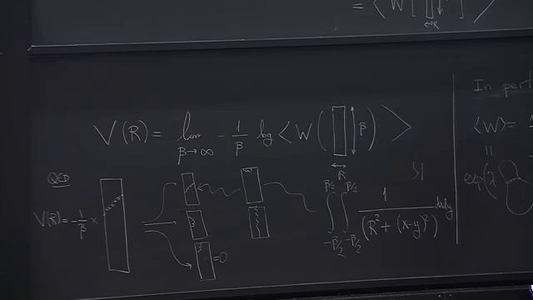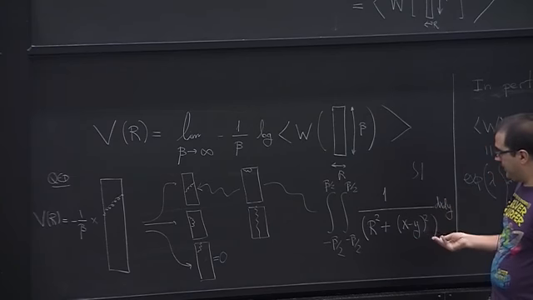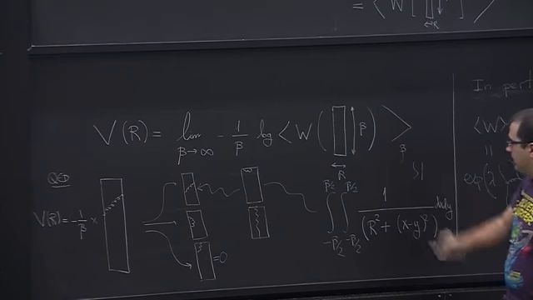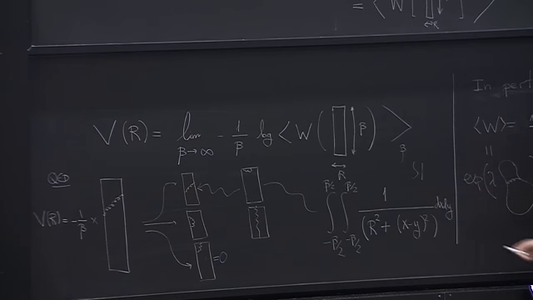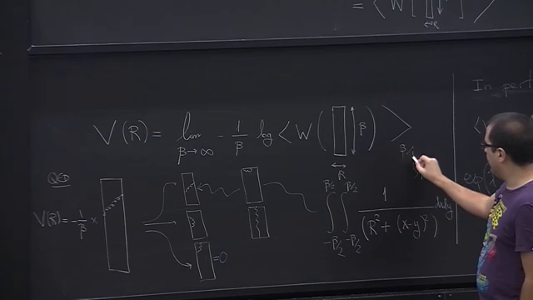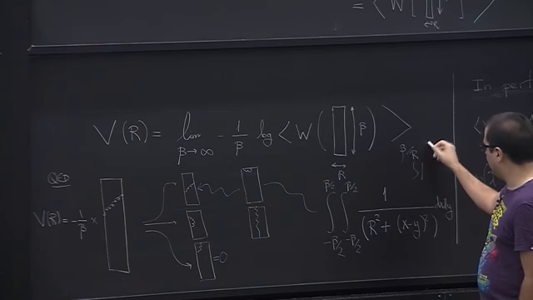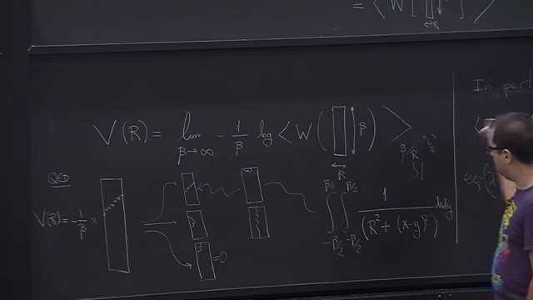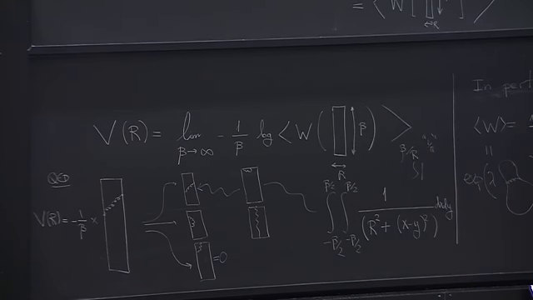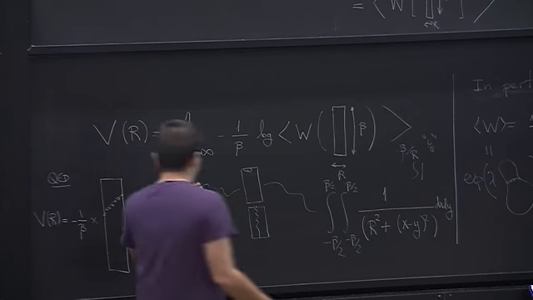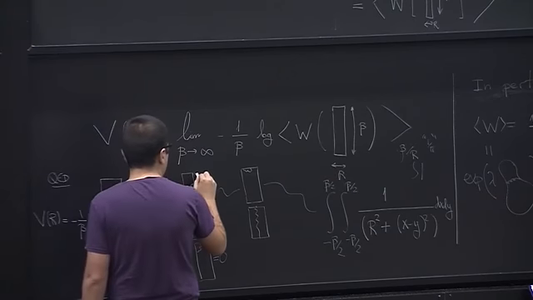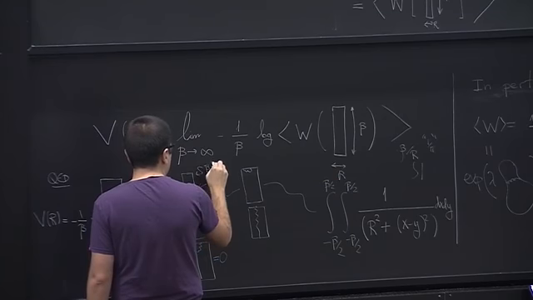If I integrate over the sum, it doesn't appear, so I get a factor of beta. And if I integrate over the difference, I get 1 over r times some number, probably some pi or 1 over pi or whatever. I mean, of course I care, but you should compute. So this diagram gave me beta times some number over r.